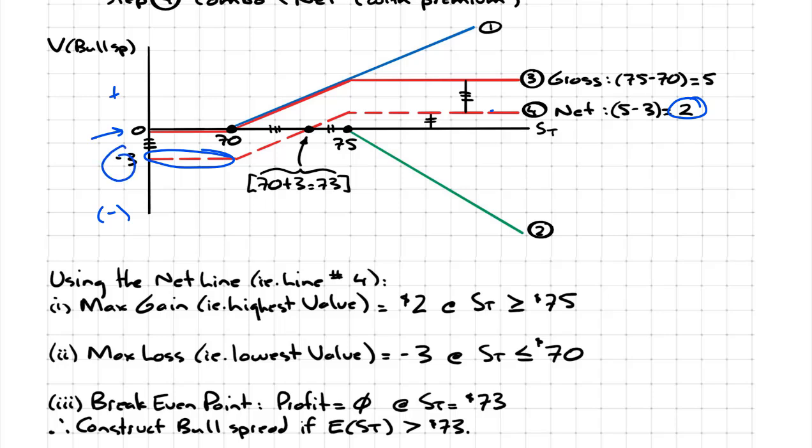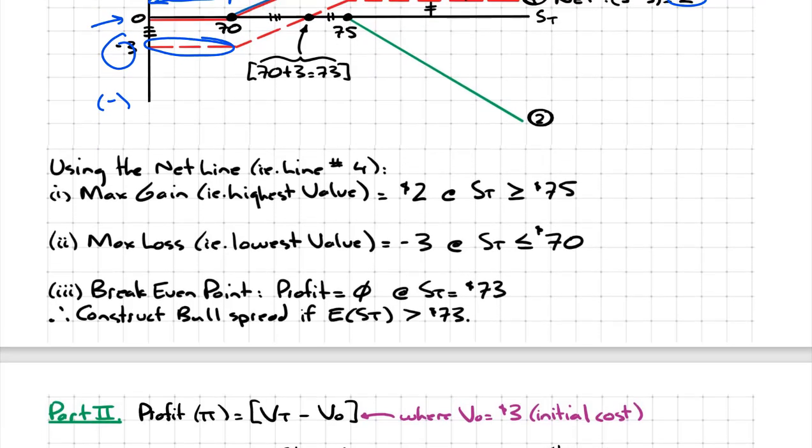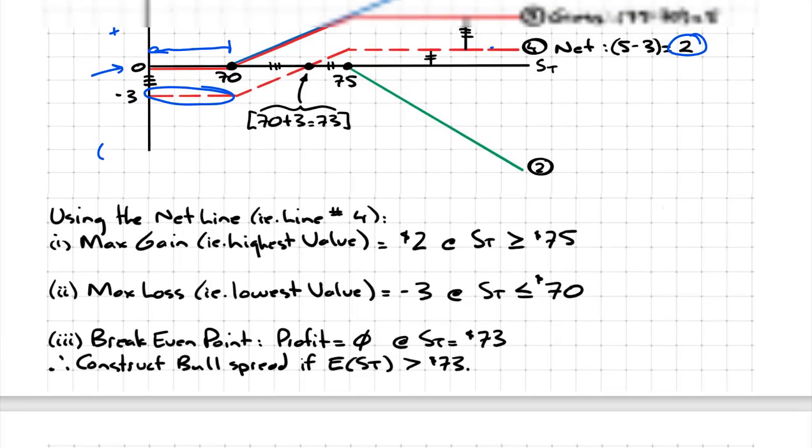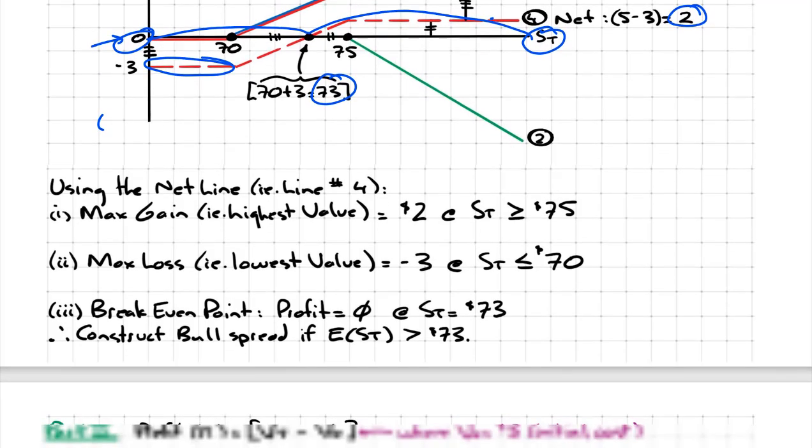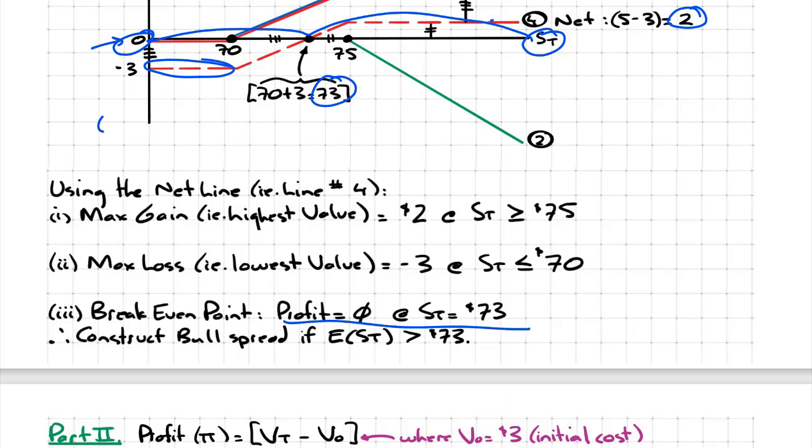And I can also tell you at what price range it occurs: for any price less than 70. And that's exactly what we have right there. And then finally, the break-even point. In other words, what would the spot price have to be for you to break even, i.e. make no profit at all? It's right there, 73, right? So our profit would be 0 if the spot price was 73.